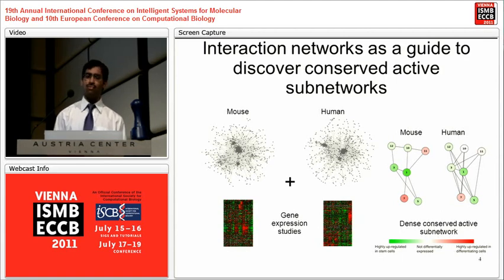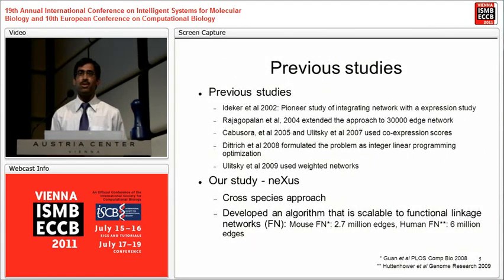This area of integrating expression data with networks is not new. Ideker et al., as early as 2002, dealt with this problem. After that, there have been several studies which developed improvements for this algorithm, and they integrated protein interaction networks with expression data in the single species context.